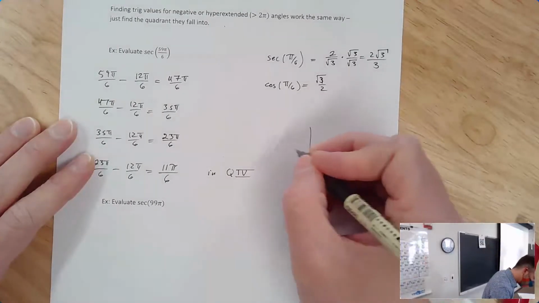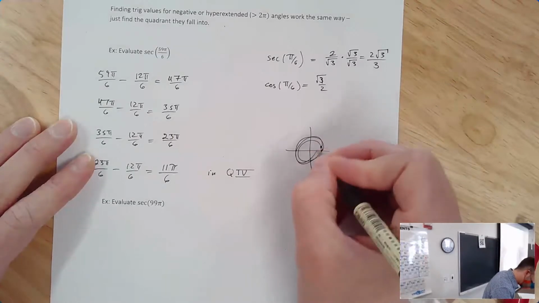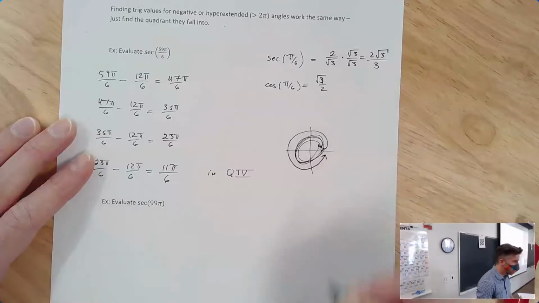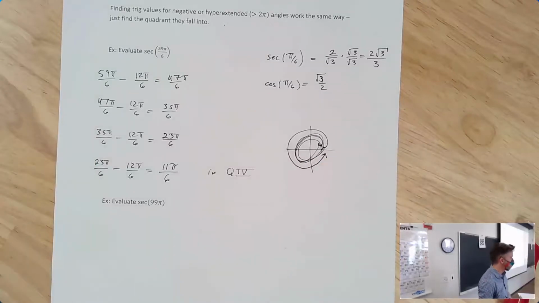So we went 1, 2, 3, 4, and then we didn't quite make the 5th one. So we're almost definitely in quadrant 4. We were just pi over 6 short of 5 full revolutions. So that's in this case a slightly easier way of seeing maybe what it is. I don't know if it's easier or just feels like there's less math to do.